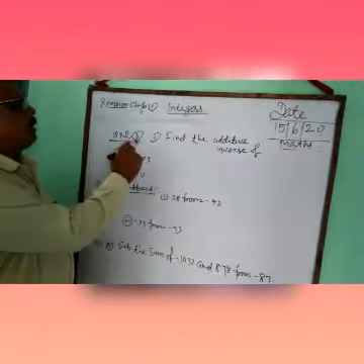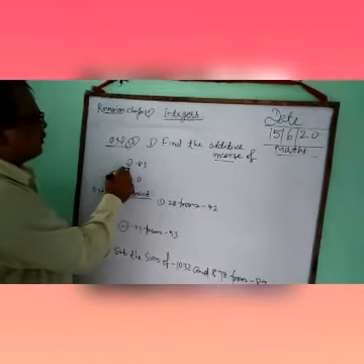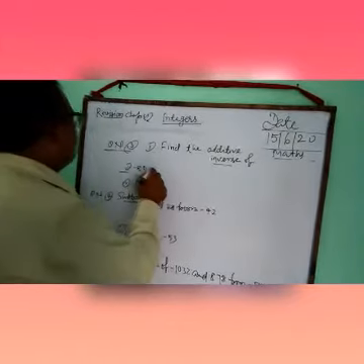Number 3. First, find the additive inverse of -83.